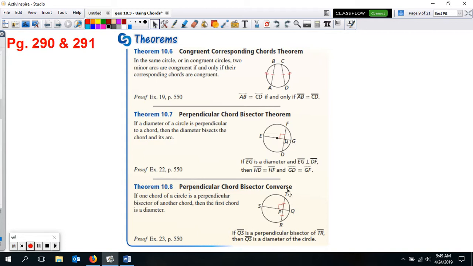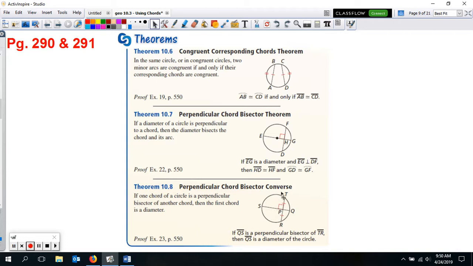Then the converse of that last one, the converse is kind of like the reverse of this last theorem. If one chord of a circle is a perpendicular bisector of another chord, then the first chord is a diameter. So basically what we have here is two chords, and there's no center point shown on this one.